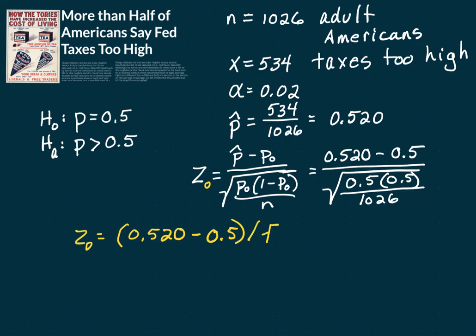But if you want to put everything in at once in the calculator, you can do it this way. Make sure you close the parenthesis because that shows what is underneath that square root. And now we have that our test value, our z sub 0, equals 1.281. And we can go to StatKey.